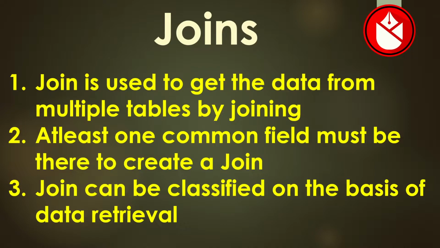So, using the common column department number from both tables, we can join the tables and get the output of the query: which employee is employed under which department, that is, the department name. Here, department number is the common field in both the tables, employee and department.